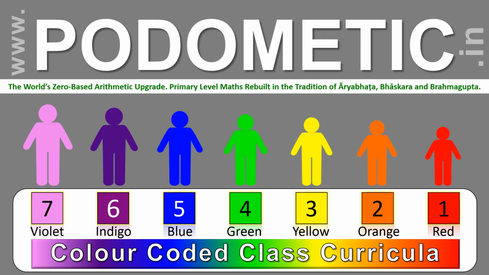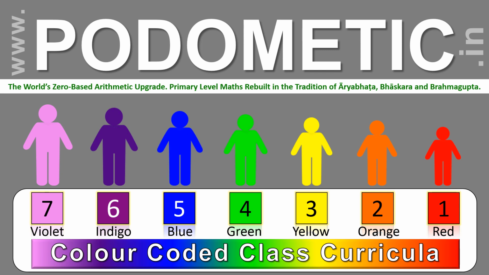So here we've got Podometic, and you can see from the right hand side it's got red, and then moving towards the left, orange, yellow, green, blue, indigo and violet. And you can see the children, the red child is a lot smaller than the violet child.